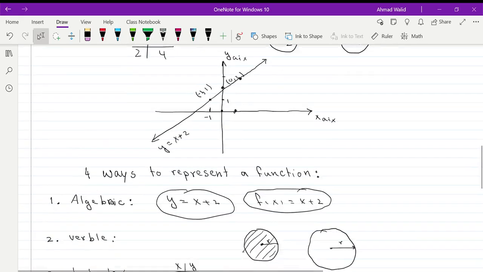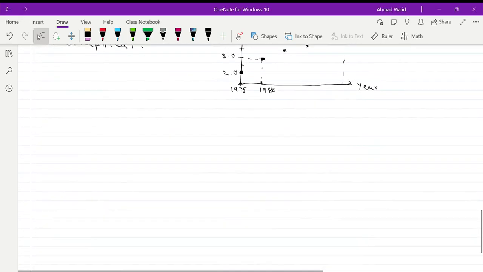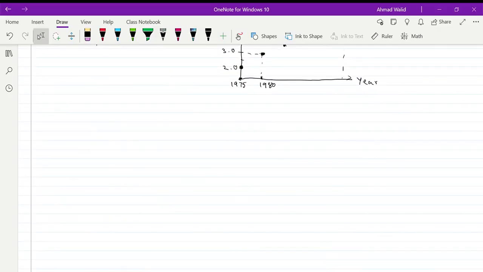Soon in this book and in Calculus 1, you will understand the meaning of slope. What is slope? Slope is the average rate of change. We explain the slope in a different way to you.